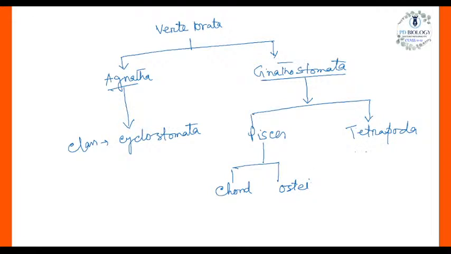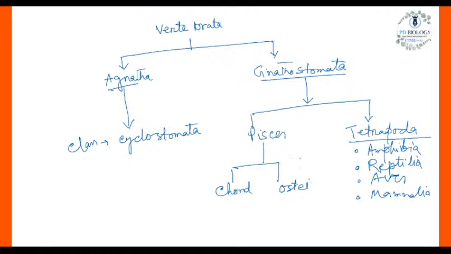And under Tetrapoda, the four classes are there, that is Amphibia, Reptilia, Aves, and Mammalia. So these all belong to Tetrapoda, and Pisces has Chondrichthyes and Osteichthyes. That is cartilaginous, this one bony.